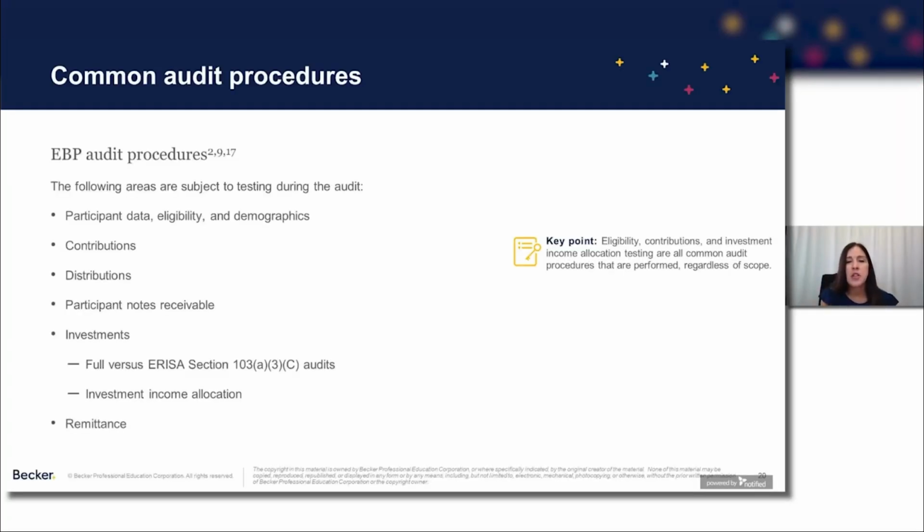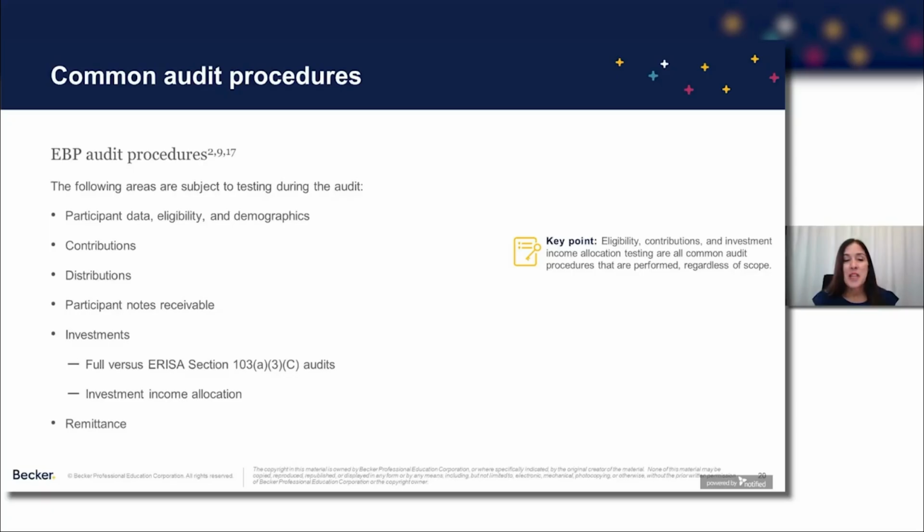So the audit procedures that are subject to testing on all employee benefit plan engagements include your participant data, eligibility, and demographics, the contributions, distributions, participant notes receivable, your remittance testing, and then for investments, there are some differences for the investment procedures, and that's going to depend on whether you are performing an audit in accordance with ERISA Section 103(a)(3)(C) or a non-ERISA Section 103(a)(3)(C).